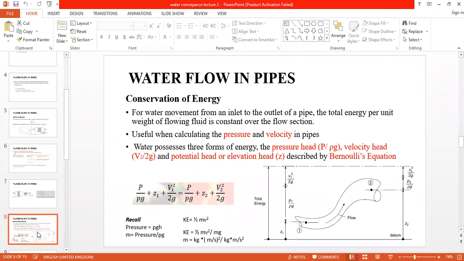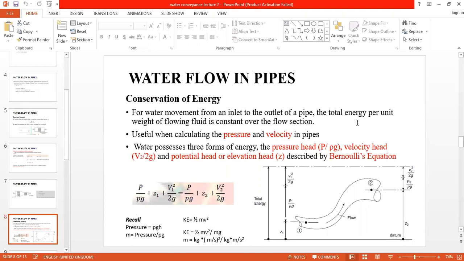Today, when we look at water flow in pipes, we're going to add another form of energy, which we're going to call the pressure head. This is the energy possessed by the water due to the pressure applied to the system, to the water in the pipe.